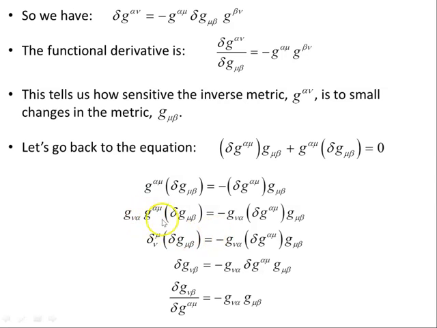All right, when we do that, the Kronecker delta applies here. We're summing out over alpha. We're left with mu and nu. So the Kronecker delta applies mu there. And then here, we're going to have minus G nu alpha delta G alpha mu, G mu beta.